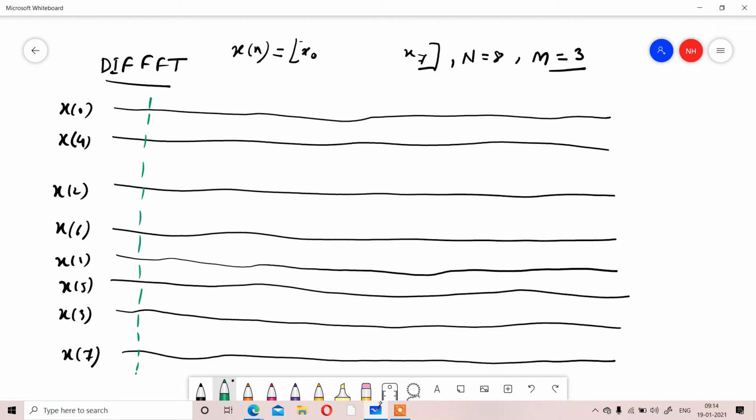In the 3 stages, the total DFT operation using DIF FFT will be done. This is stage 1. This is the output of stage 1. Then we will get stage 2, we'll get the output of stage 2, and finally we'll get stage 3.